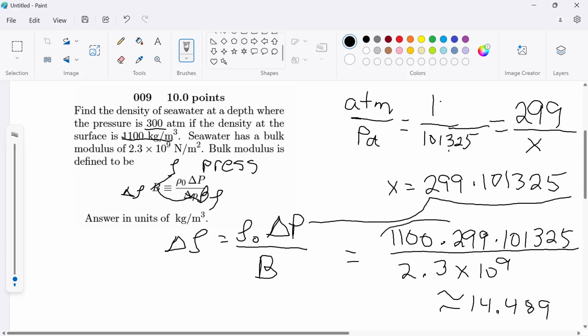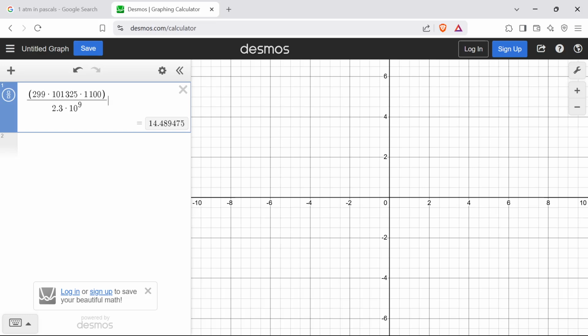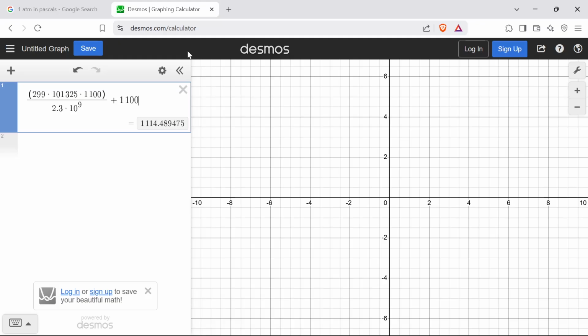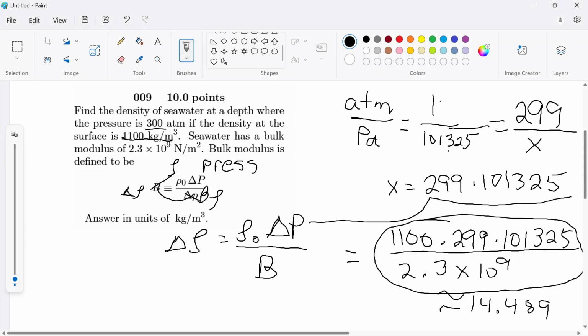Now I'm just going to use this whole calculation. That's the change in density, and I will add that to the initial density, because it doesn't ask for the change in density, it says find the density. So the density at this depth of 300 atmospheres, which is 299 atmospheres deeper under the water, is going to be the initial density plus that change in density. So it's approximately 1,114.49.